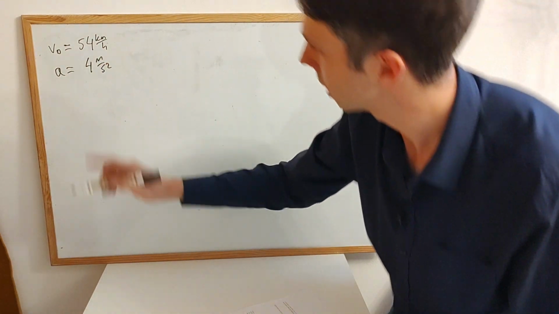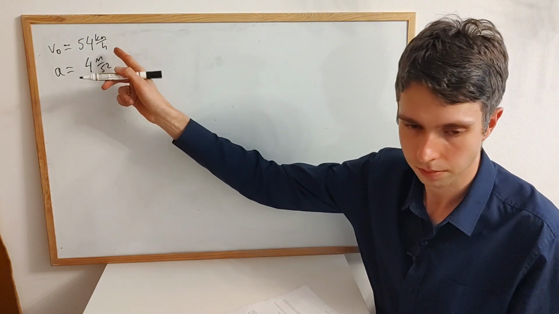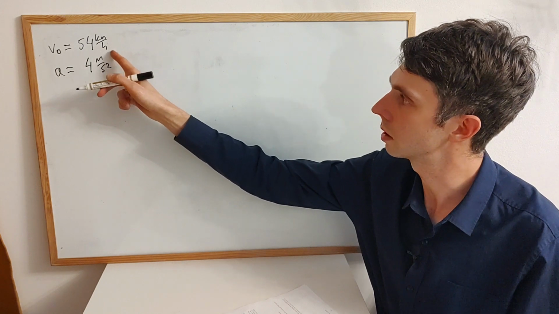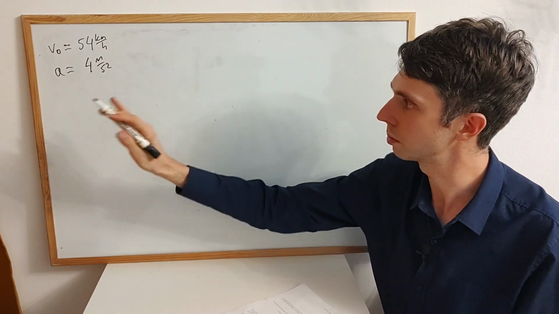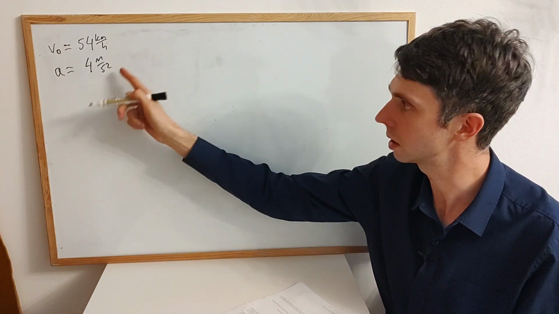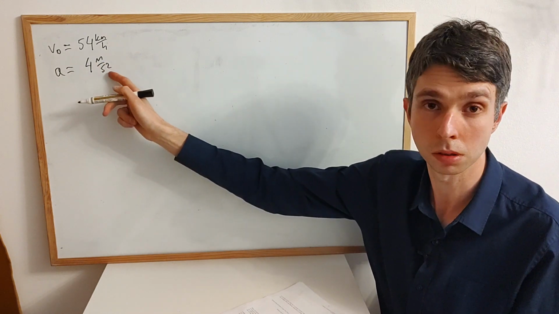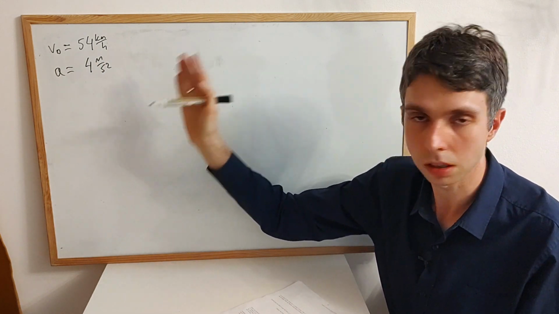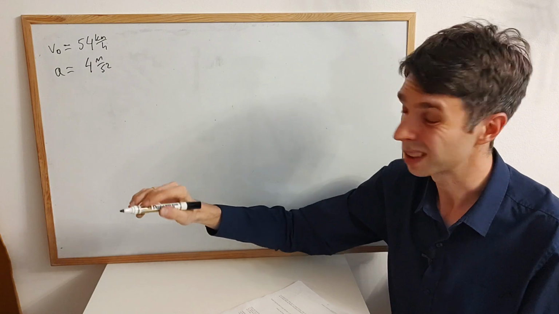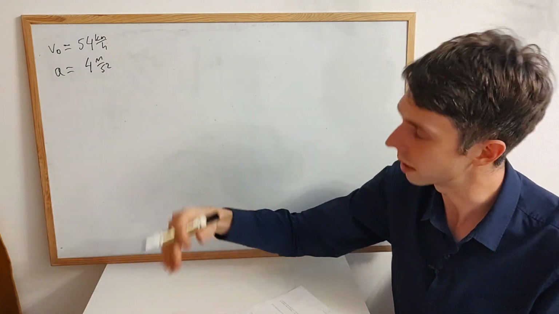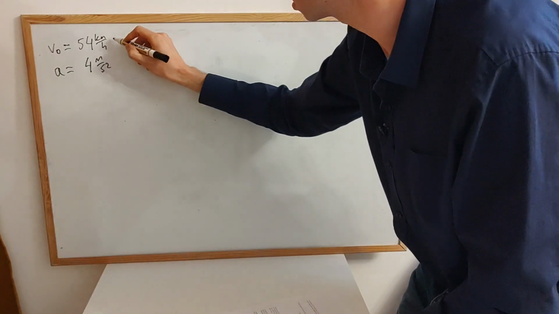So anyway, I would convert this into meters per second because it will be probably easier than converting this to kilometers per hour squared. It's something weird, so let's do it like this.